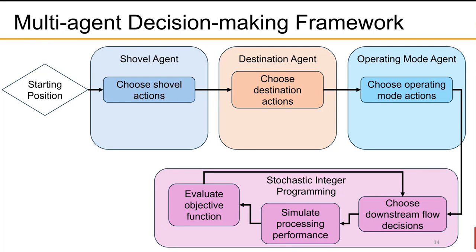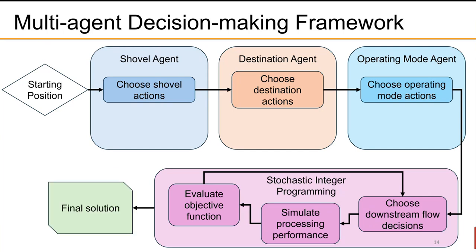So we can make the decisions, and then now that we have a complete schedule, we're going to simulate that processing performance and use that to evaluate the results of the schedule and put that into the objective function. And in this last step, we can iteratively optimize those downstream flow decisions to complete the schedule using any heuristics or any other stochastic optimization approach.